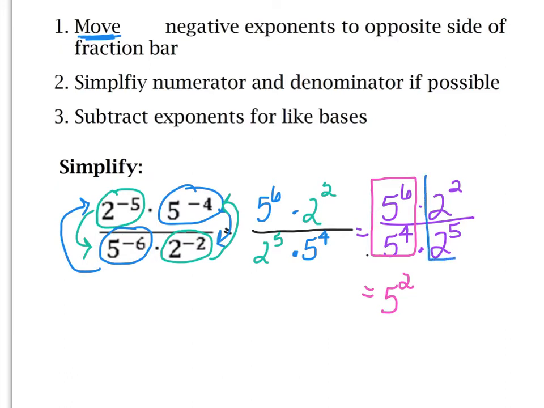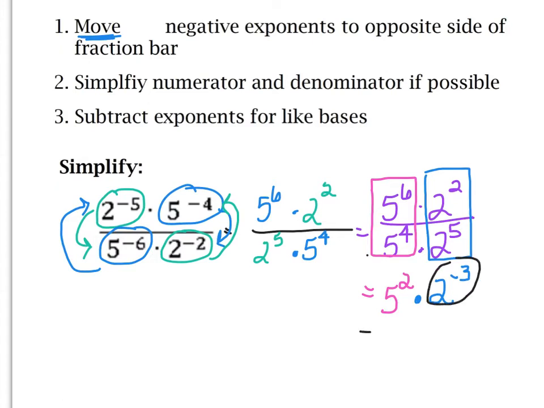I can right here, since I have like bases, divide. My base stays the same, and I subtract my exponents, 2 minus 5. Notice 2 minus 5 is negative 3. I'm taking more away. All right, so technically this is simplified, but it's not in its correct form. I have this negative exponent.